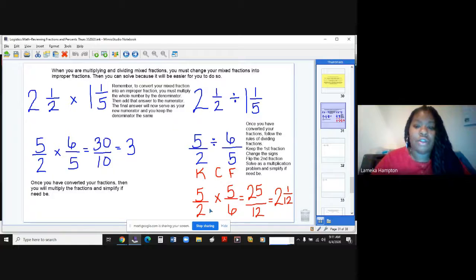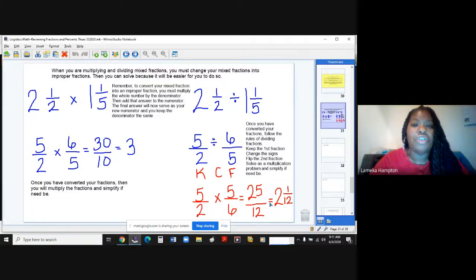And we're just going to follow the rules and multiply 5 times 5, which gives us 25. And we are going to multiply 2 times 6, which gives us 12. Now, again, we have 25 over 12 as our answer. Although this is the correct answer, we want to make sure that we convert this improper fraction back into a mixed fraction.